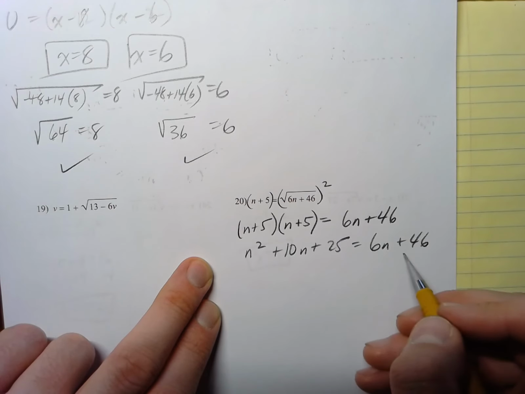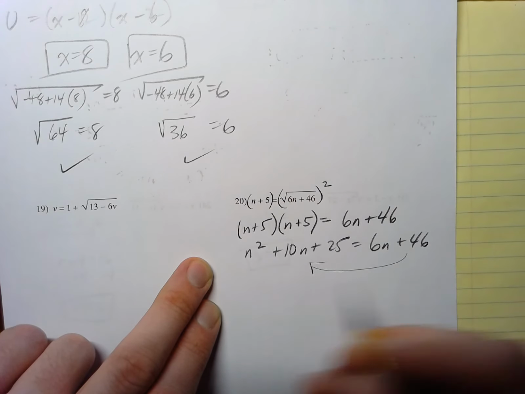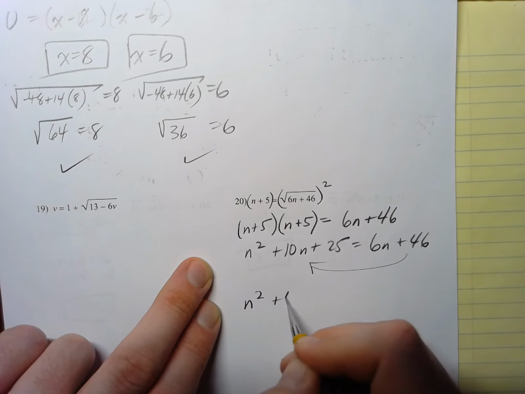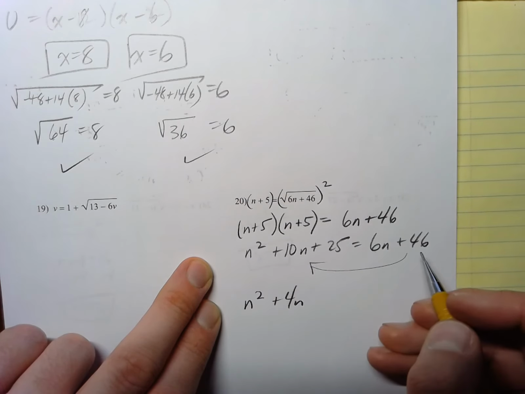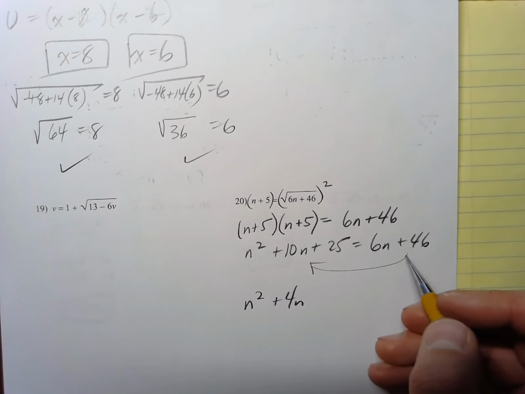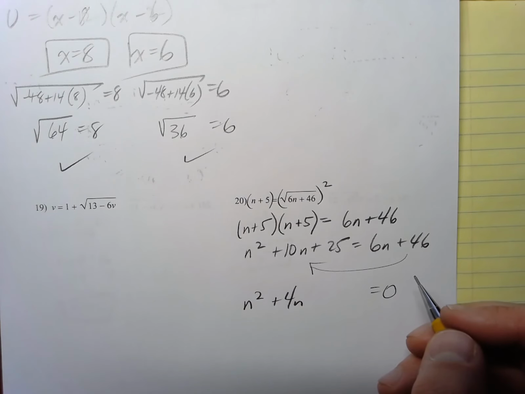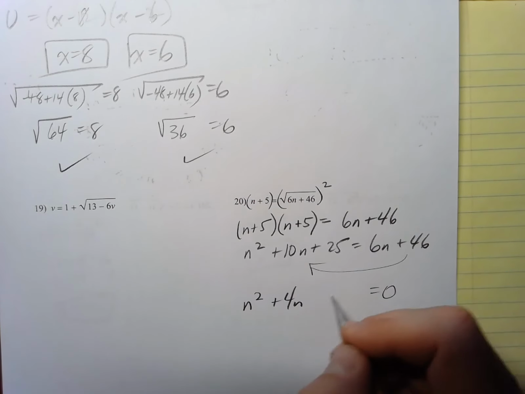So combining everything, I'm going to collect everything on the left. So n squared minus 6n is going to give me plus 4n, and minus the 46 is going to give me minus 21.